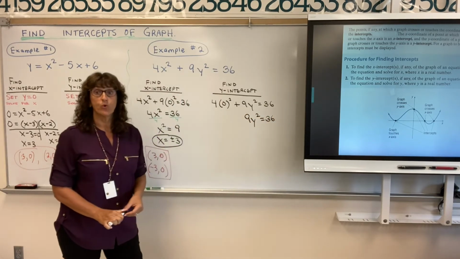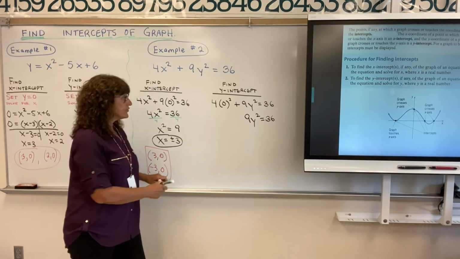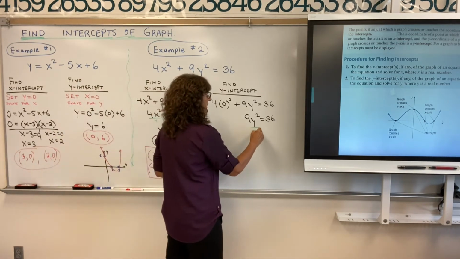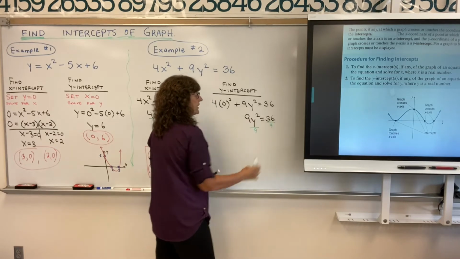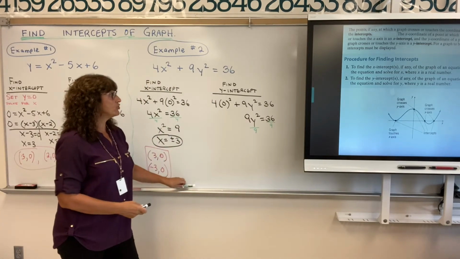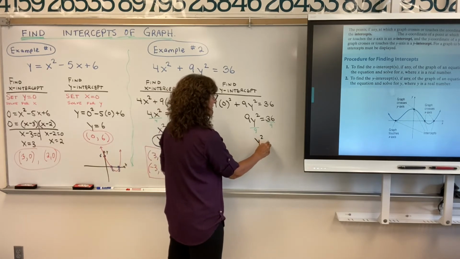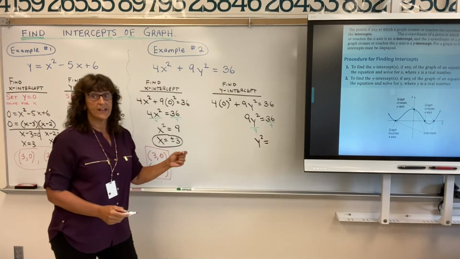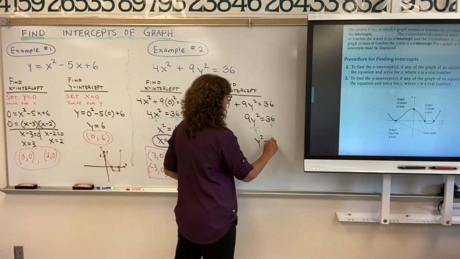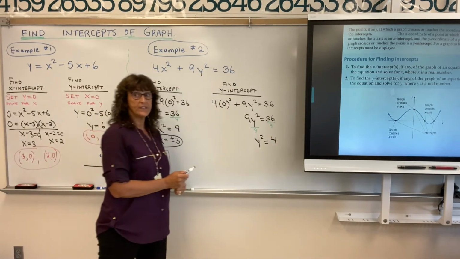We want to solve for y, so divide both sides by 9. The 9's cancel, so you have y squared on the left. y squared equals 36 divided by 9, which is 4. So y squared is 4.